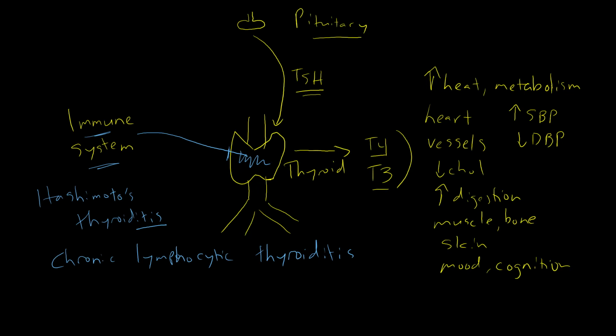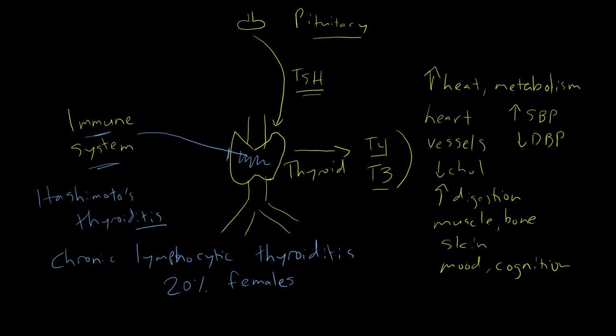Depending on what tests we use, we find antibodies to the thyroid, which is evidence of thyroiditis, in up to 20% of the female population. So it's more common, like many autoimmune conditions. Autoimmune meaning conditions where the immune system is affecting the self, your own body. Many autoimmune conditions are more common in female patients, and so we find evidence of Hashimoto's in up to 20% of females.